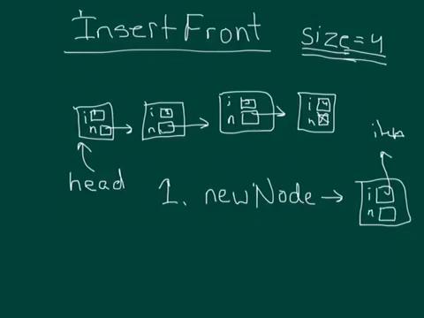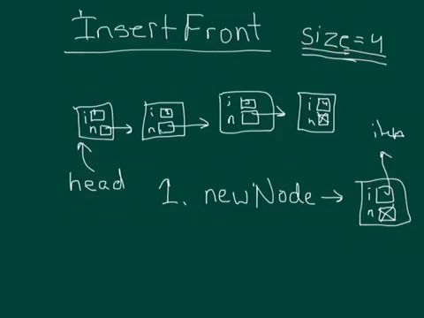And then it stores a next pointer, which is currently null at the moment because we just created it. So what you want to do is take this next pointer and have it pointing at the first object because you want to make this the first object of your list and this the second. And then you want to take head and get it to point at this, which is the first object of your list, which becomes the new head. And then we want to update size. So size goes from 4 to 5.